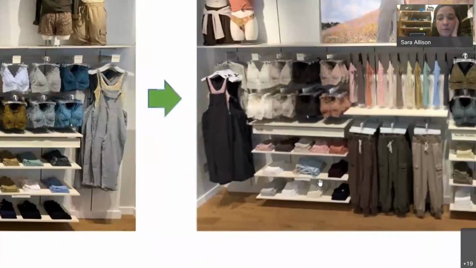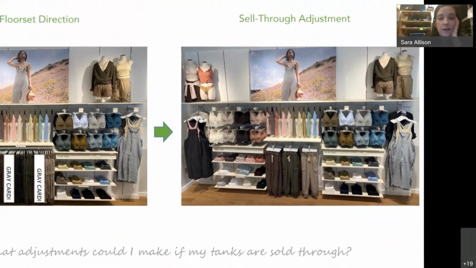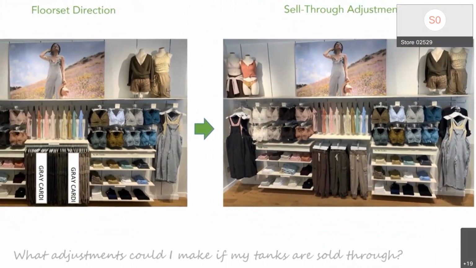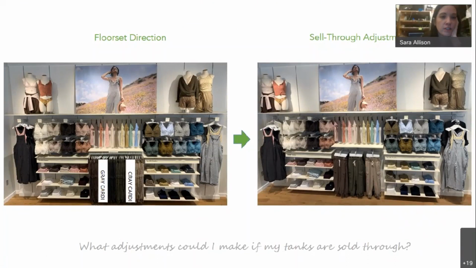I'm gonna zoom in right here and see if you guys can see what's on this shelf. Probably hang those pants so they can see them. Yeah, I think you could even think about the shelves as being your understock almost. Like the tanks could come up to the top 2 rows.